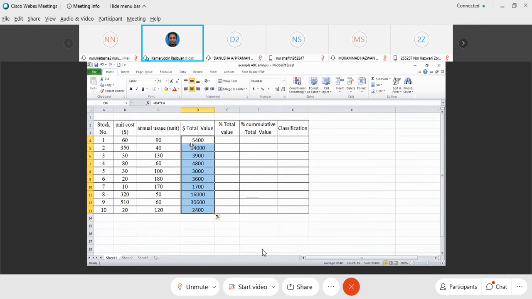After we have all the information about the total annual value, the next step is to sort the data from the largest value to the smallest value.